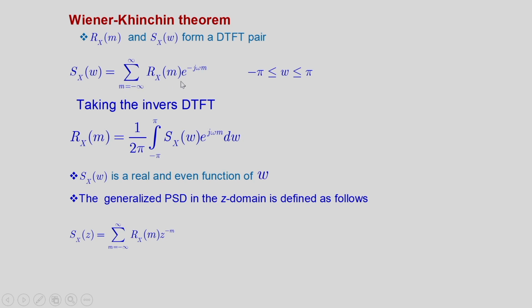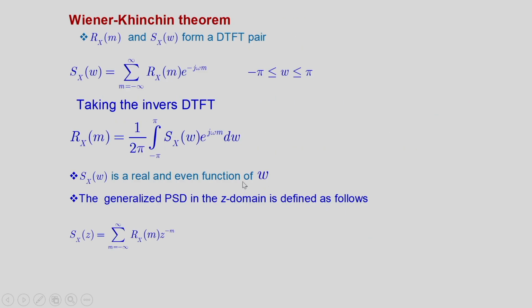So, this is the definition of power spectral density. Now, this power spectral density is a periodic function of ω, therefore, we can take the inverse DTFT and we get the autocorrelation function by this integration. So, it is 1 by 2π times the integral from −π to π of S_x(ω) e^(jωm) dω. So, that way we can find out the power spectral density, and from power spectral density we can find out the autocorrelation function.